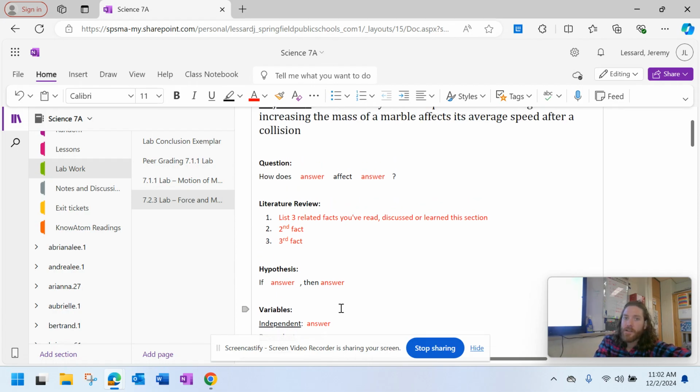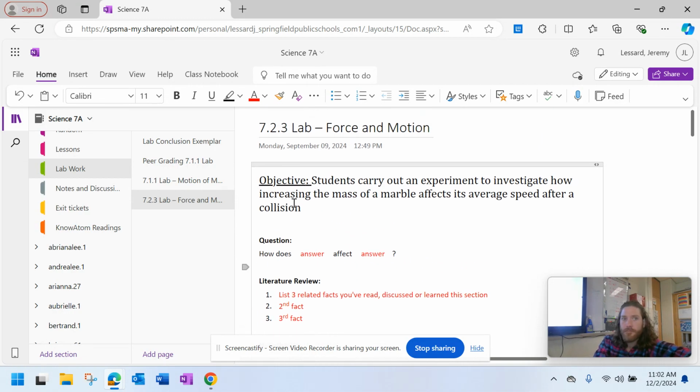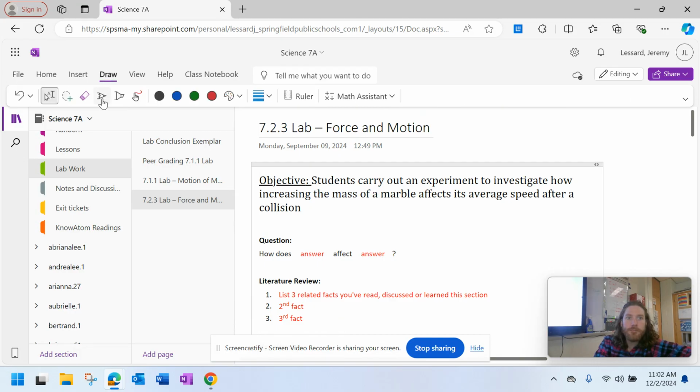So when we go back here, we can see that increasing the mass of the marble is something that's going to happen, and that is going to affect the average speed of the marble after the collision.